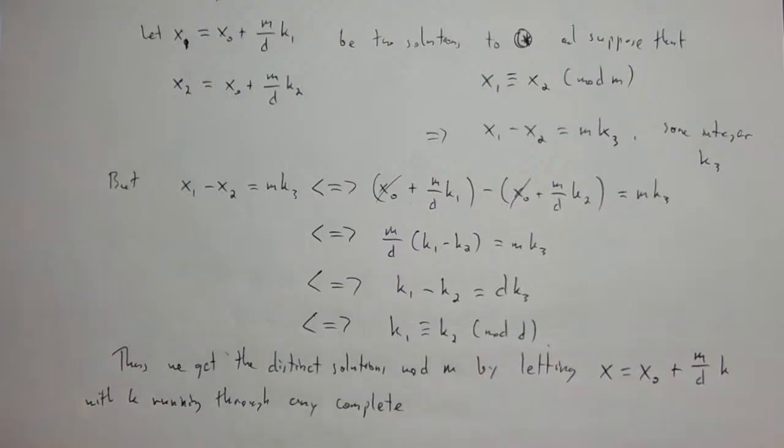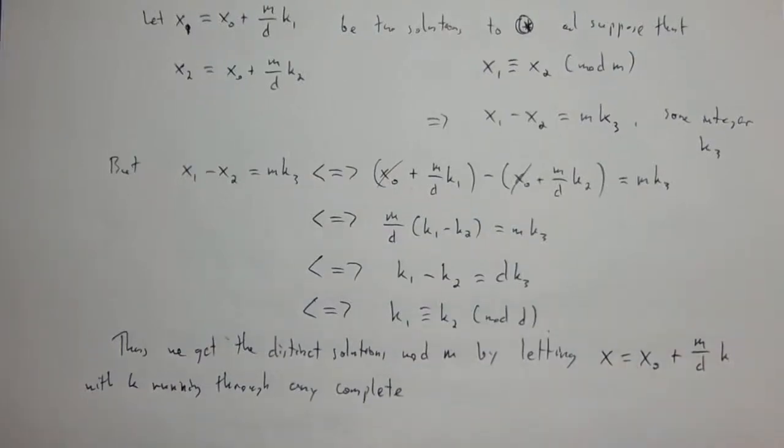What we mean by complete set of residues is you don't need d consecutive ones of them. You could pick and choose judiciously. We understand that we could take the least non-negative residue in any case, mod d.